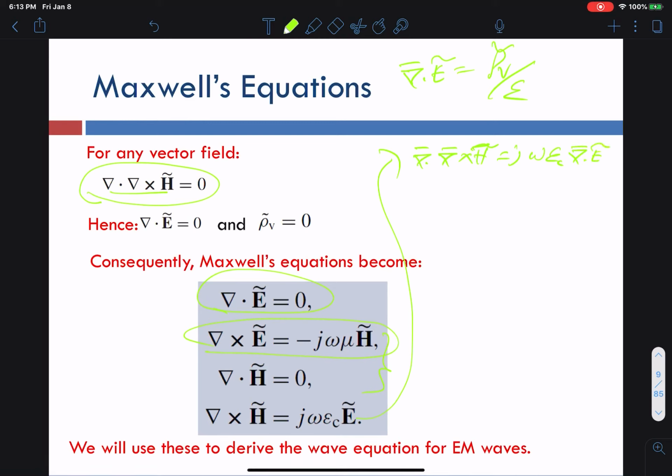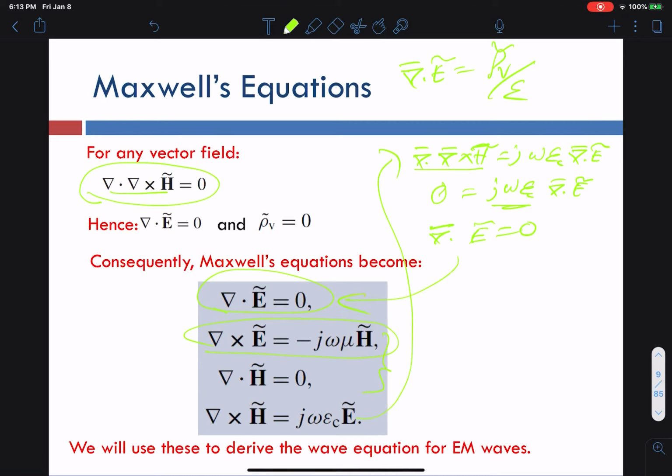So then this side is 0, that means j omega epsilon c divergence of phasor E, and this cannot be 0, so that means divergence of E should be 0, right? So that is right here.